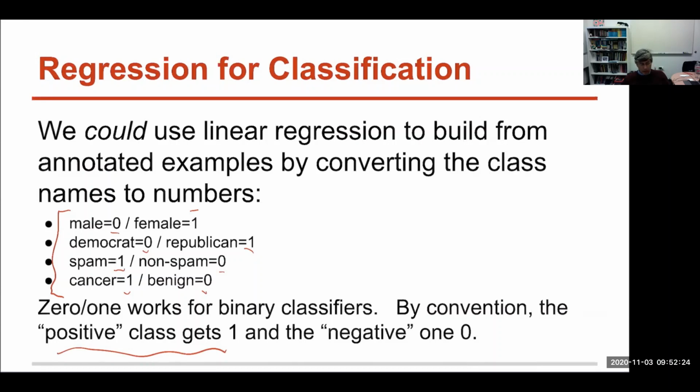So in the case of the four examples I have here, spam seems to be the thing that you're looking for. Cancer seems to be the thing that you're looking for. In the cases of male, female, and Democratic, Republican, these are presumably classes that are roughly equal in size. There's not one that is kind of special, but one of them gets a class of 0 and one gets a class of 1. Any questions about that?